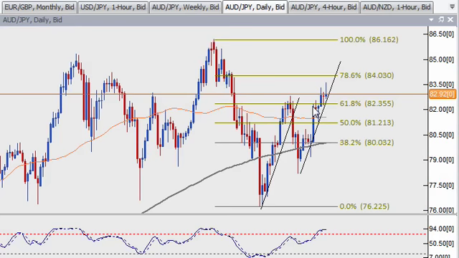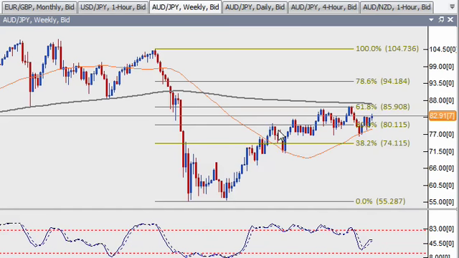Here's the Aussie yen. So this week the market did break this previous high and looks poised to continue towards the 85 area, or at least the 84 area, which is the 78.6% retracement. Looking at the weekly, you see the Aussie yen has been stronger than your dollar, European, or pound yen pairs, and looks poised again to continue rallying.